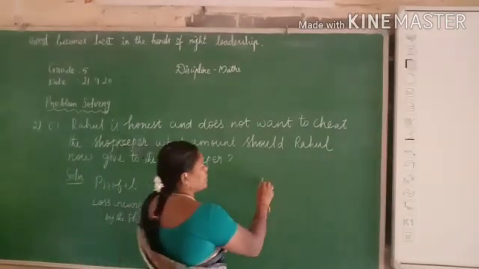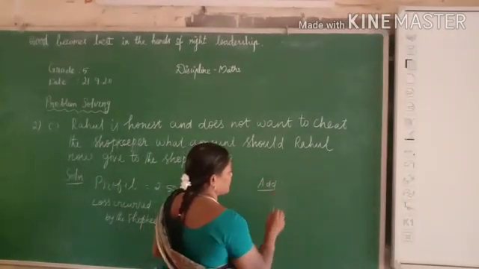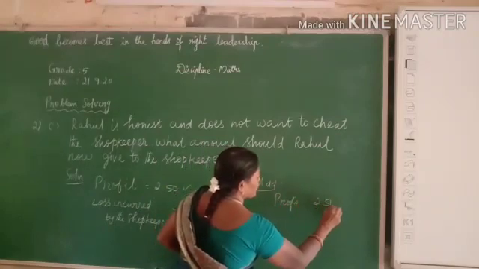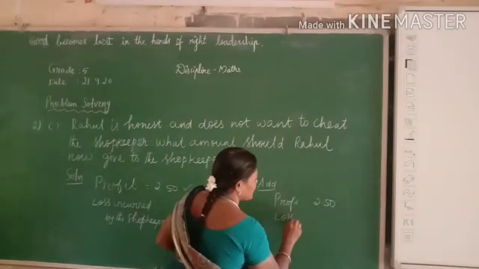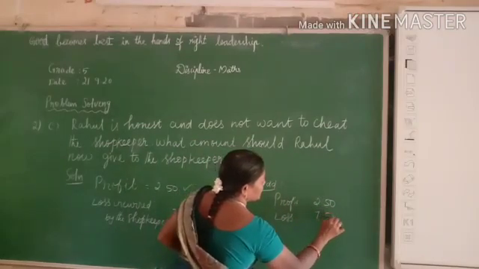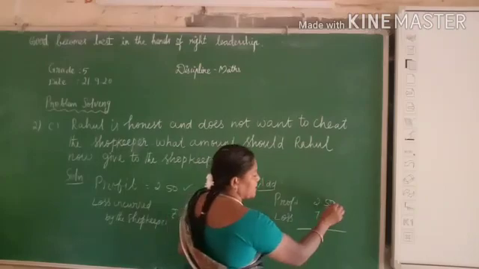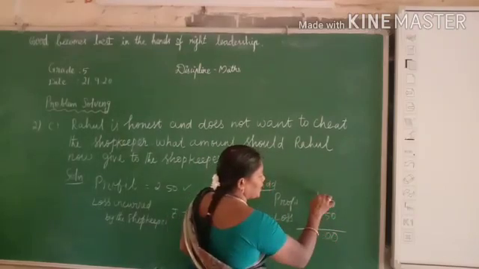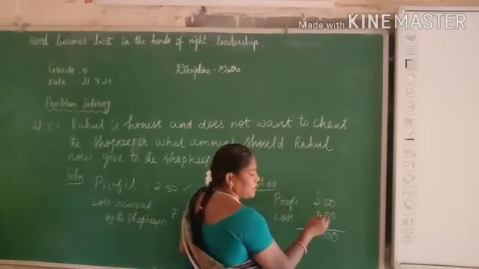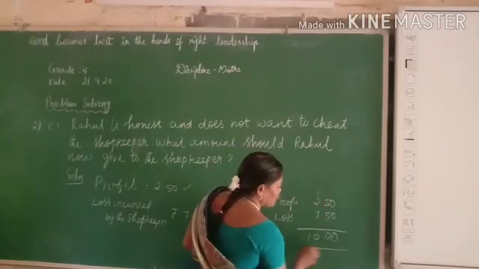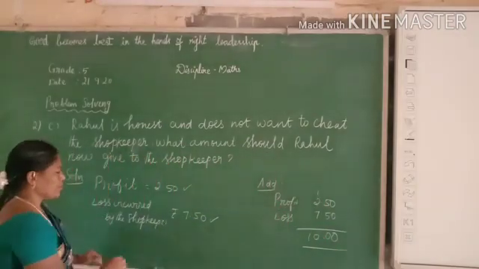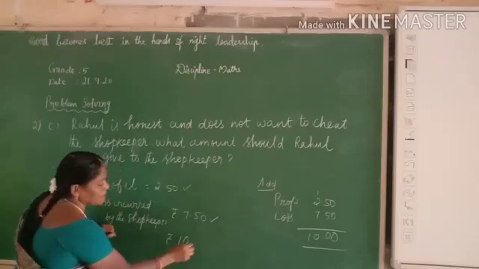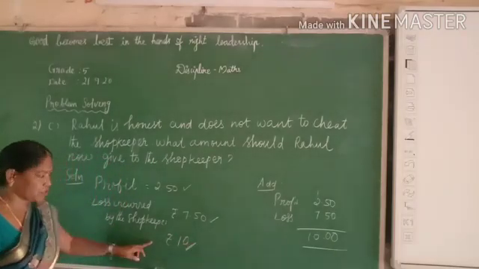Now we add in the working column. Profit rupees 2.50, then the loss incurred by the shopkeeper 7.50. Both values we add. 0 plus 0, 0; 5 plus 5, 10. Put 0, 1 carried over. Then 1 plus 2, 3; 3 plus 7, 10. So rupees 10 is the loss of the shopkeeper.